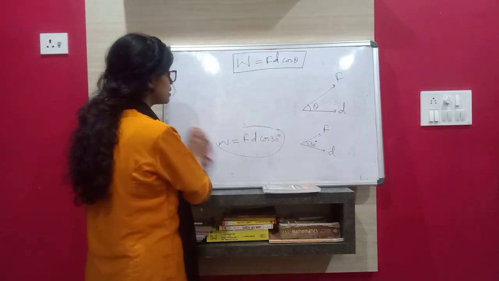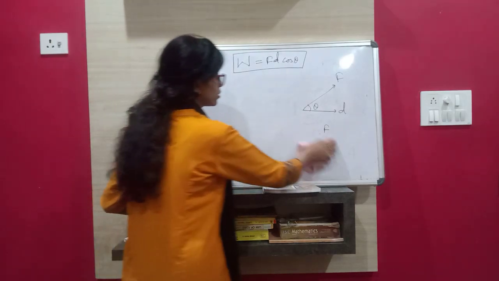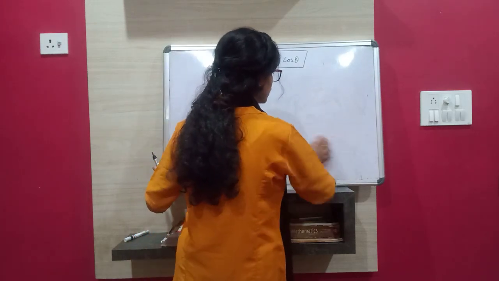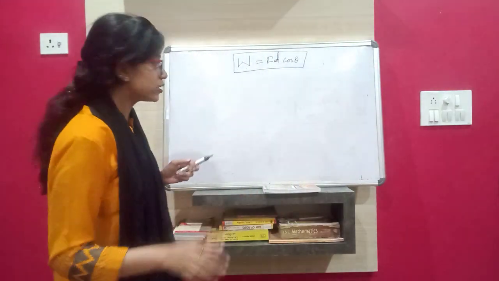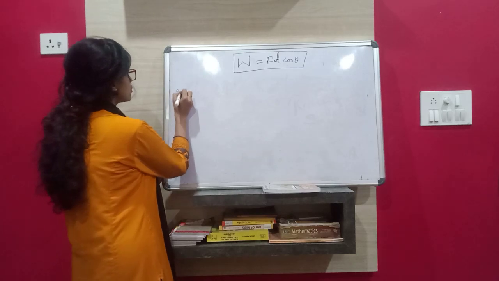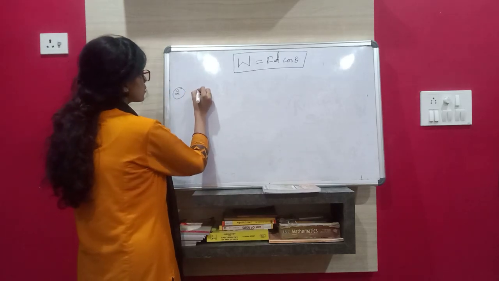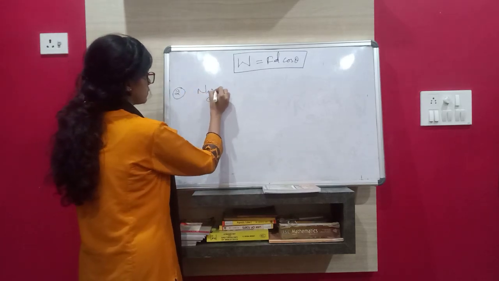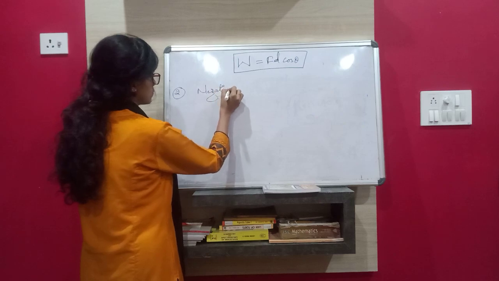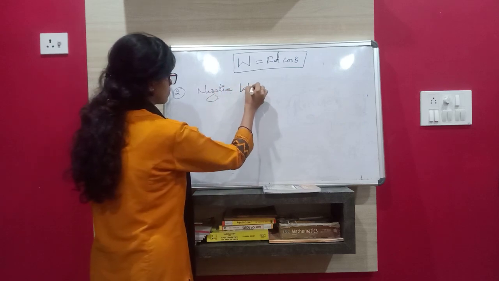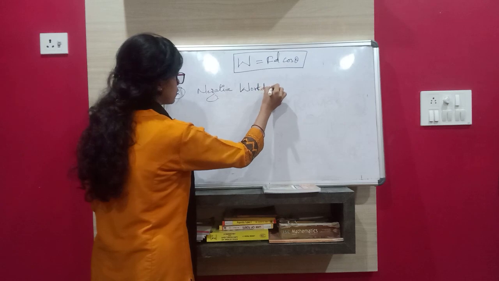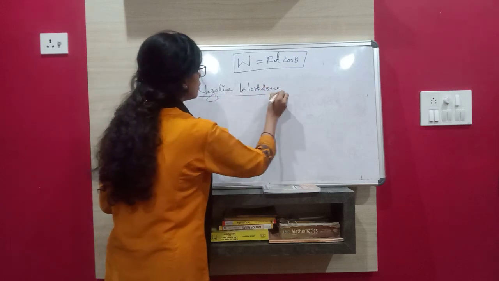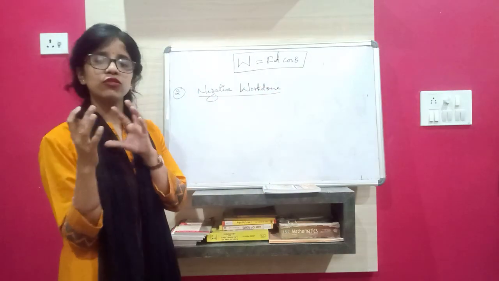Now the second type of work done is negative work done. First one was the positive work done, second one is negative work done. Negative means the value is going to be negative.